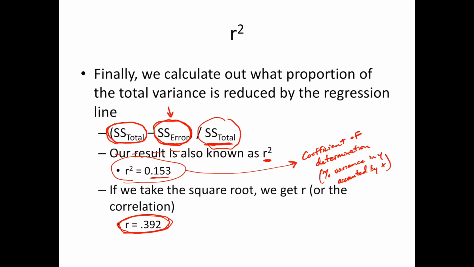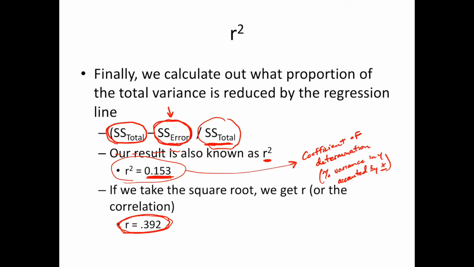In other words, if we only know x, how much can we know about someone's final grade? And it turns out of all the 100%, if r squared was 1.0, we would perfectly predict their final grade based on their first score.